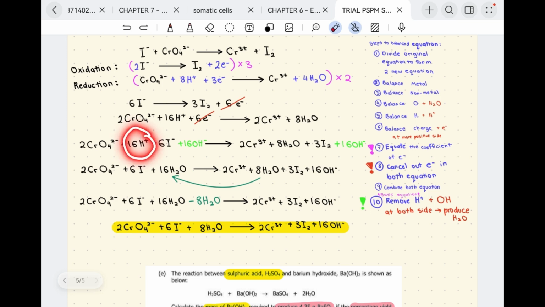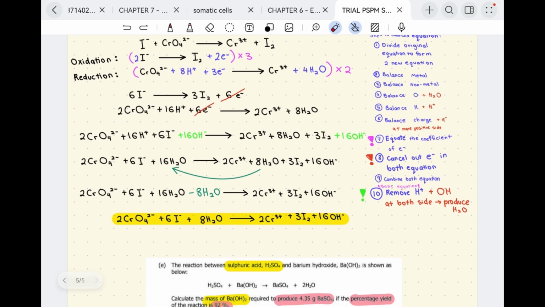So 16H plus combined with 16 OH minus will form 16H2O on the left hand side. And on the right hand side, we will leave the 16 OH minus here because we don't have any H plus to combine with to form water molecules. So now we have one new chemical equation here, but we can observe that we have water molecules on both sides of the equation. In a chemical equation, we cannot have one type of molecule on both sides.